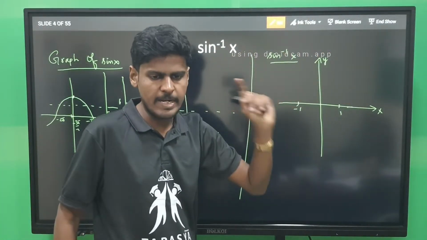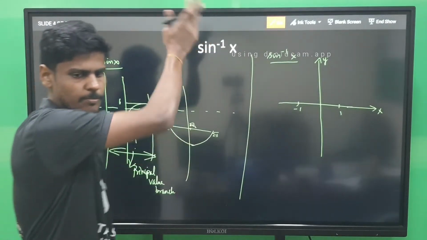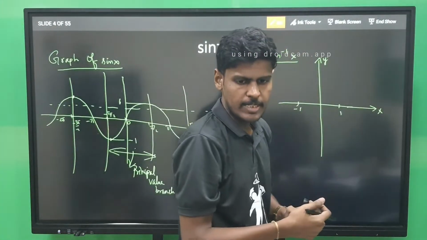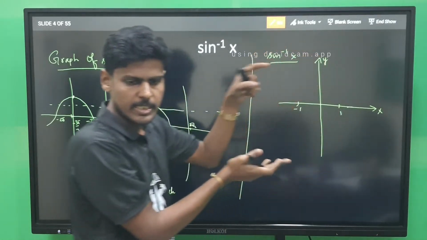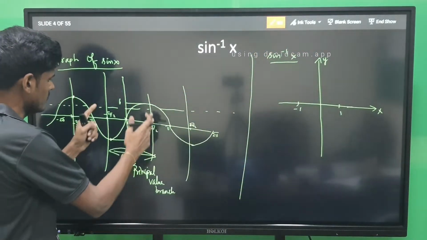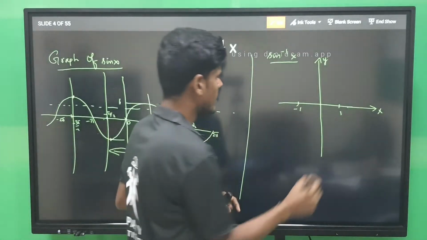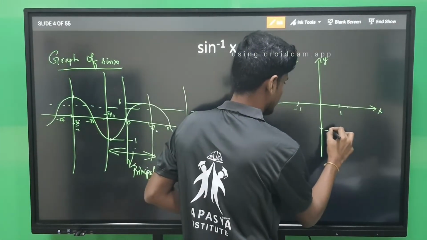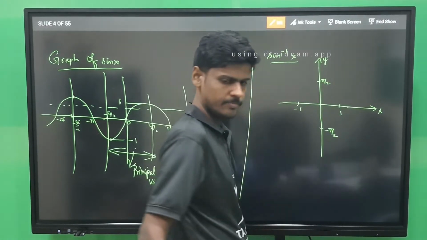Domain should be between minus 1 to 1, and range can actually be any value, but for this to become a function, we will restrict the range also here. So this domain is from minus pi by 2 to pi by 2. We will take that value and plot here, minus pi by 2 to pi by 2.